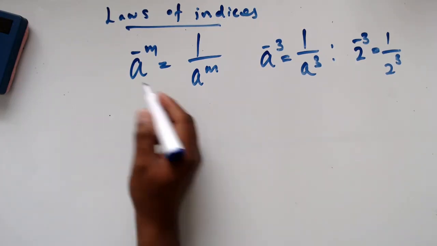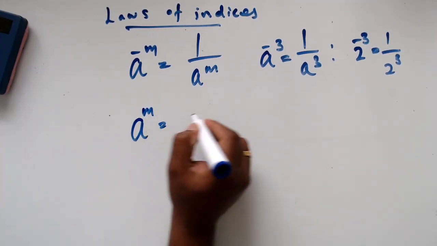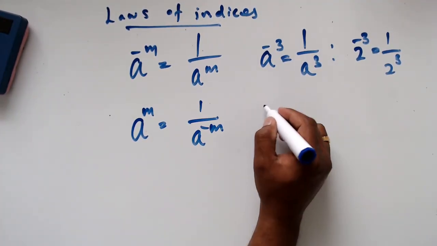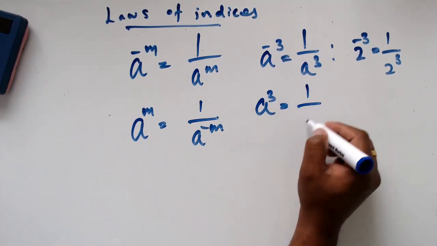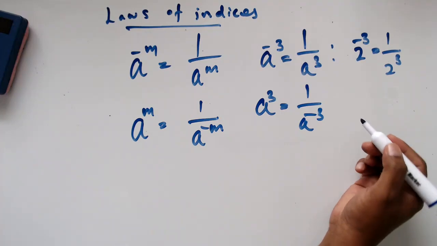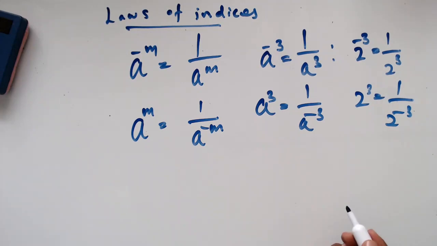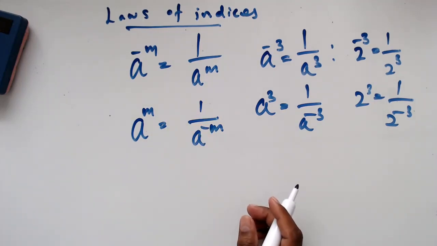Also, we can use it to turn positive into negative as well. If we have a^n, then you can write it as 1 over a^(-n). So a^3 you can write as 1 over a^(-3), and 2^3 as 1 over 2^(-3). We can adjust according to the sum.